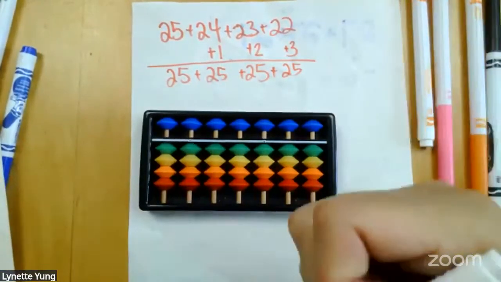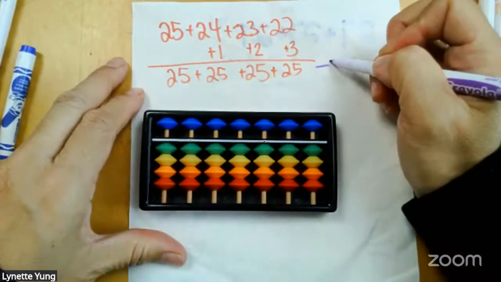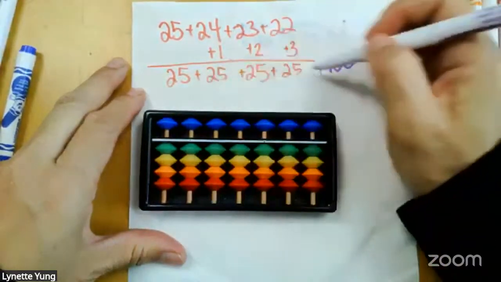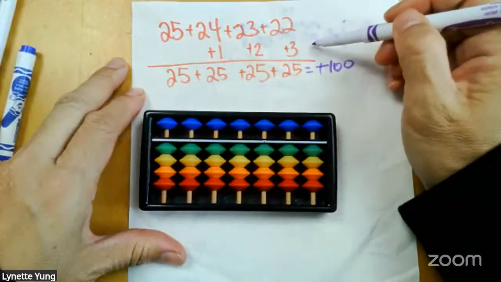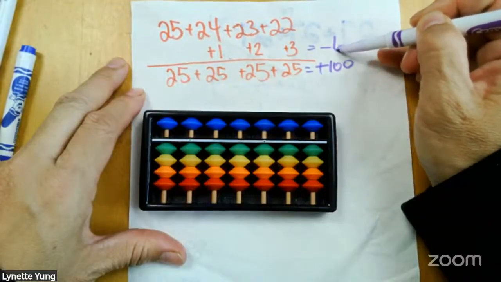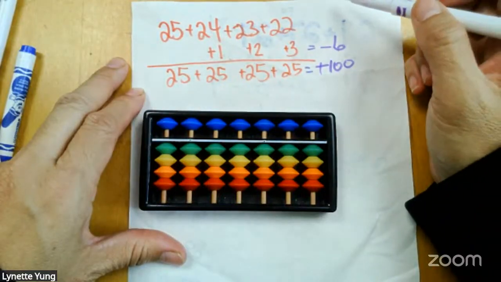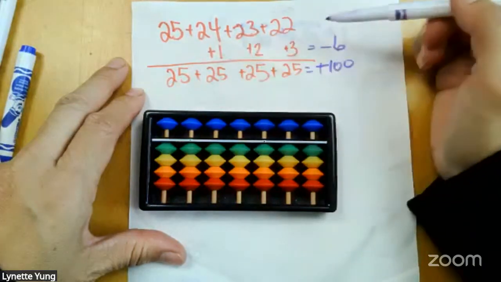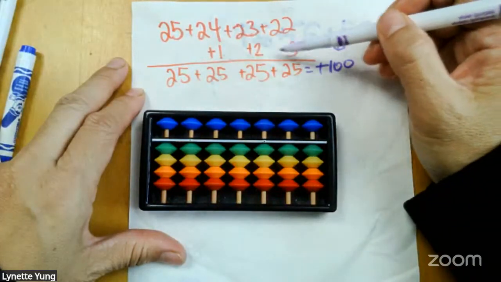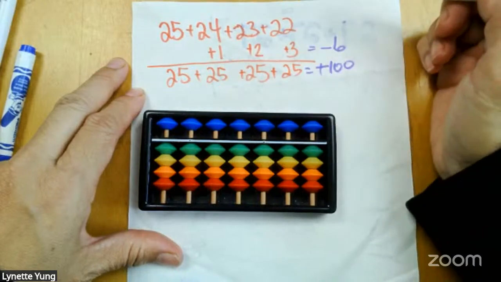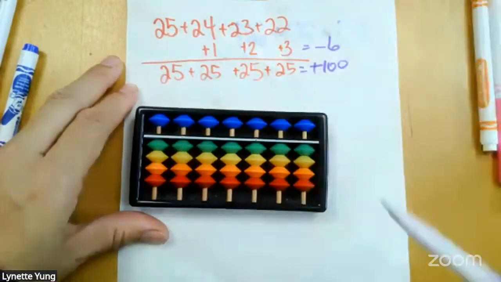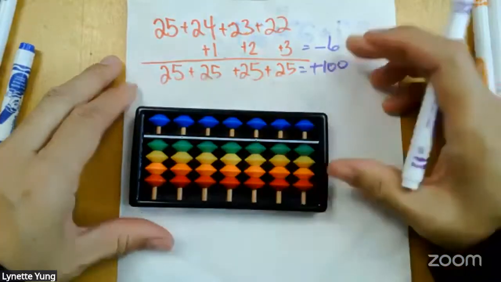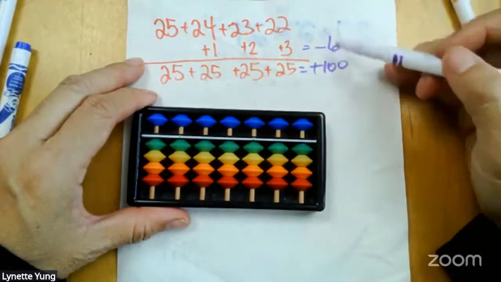So then you know that this is 100, right? And then you need to minus 6. Minus 6 or minus 5? Minus 6, because there's this one here: 3, 2, and 1. Yes, minus 6.